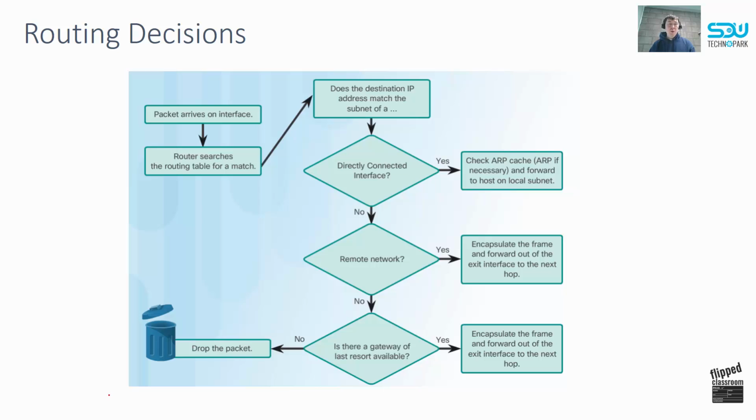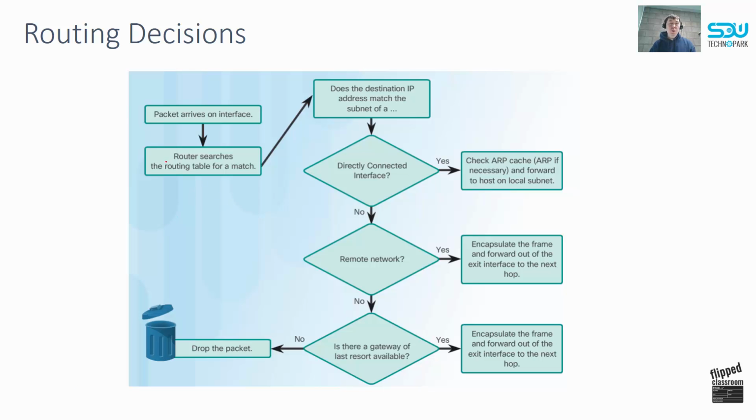It's time to take a look at how the router makes a decision where to resend the packet. But first of all, we have to keep in mind that when the router receives the signals, it decapsulates up to layer 3, because the packet header, which contains the destination IP address, is placed on that layer.